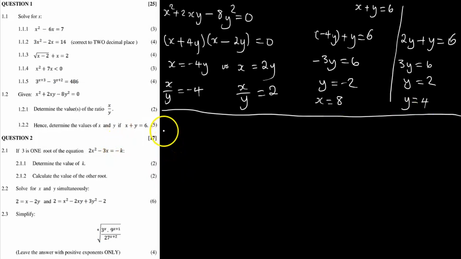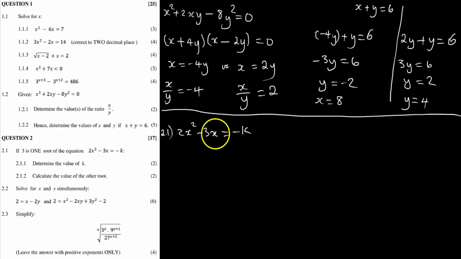In our question 2, 2.1 says to us, if 3 is one root of the equation 2x squared minus 3x equals negative k, determine the value of k. So you can see that if they say 3 is a root, they actually gave you one answer for x.